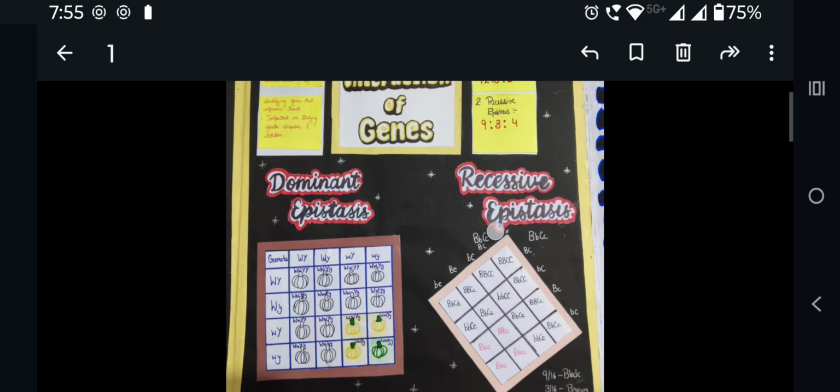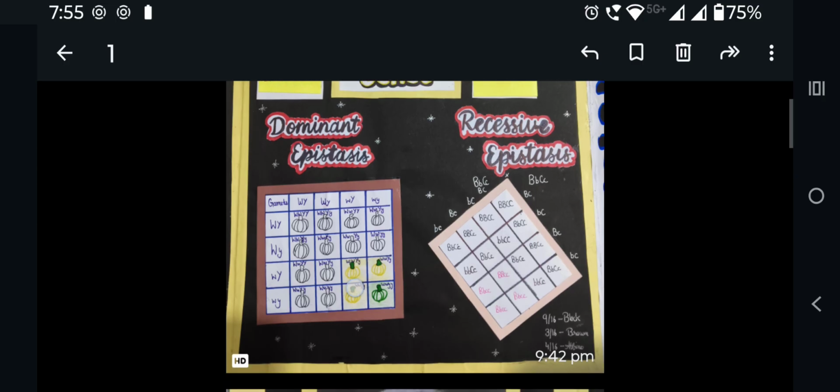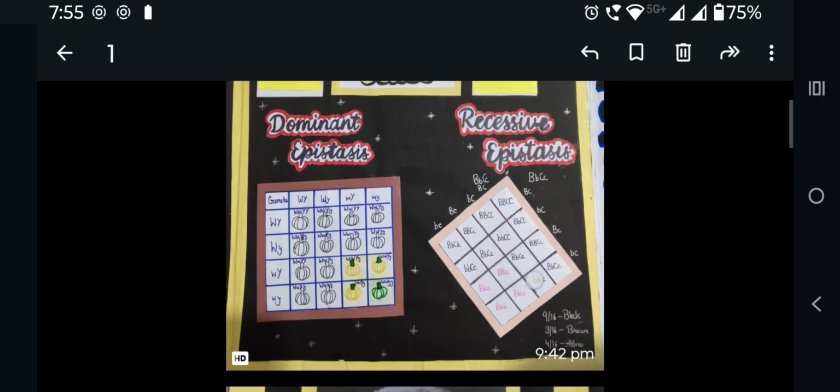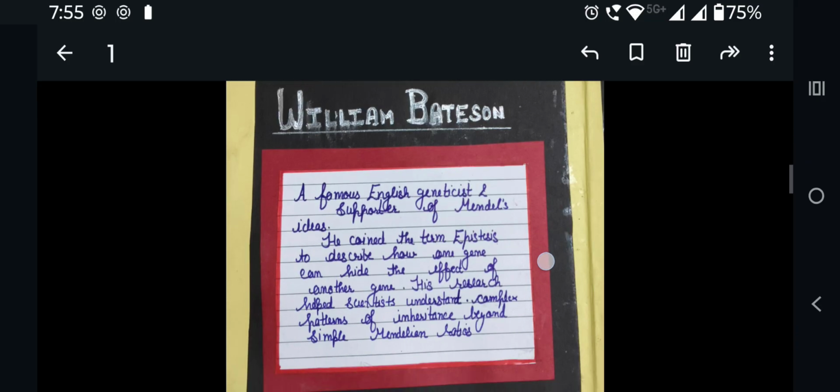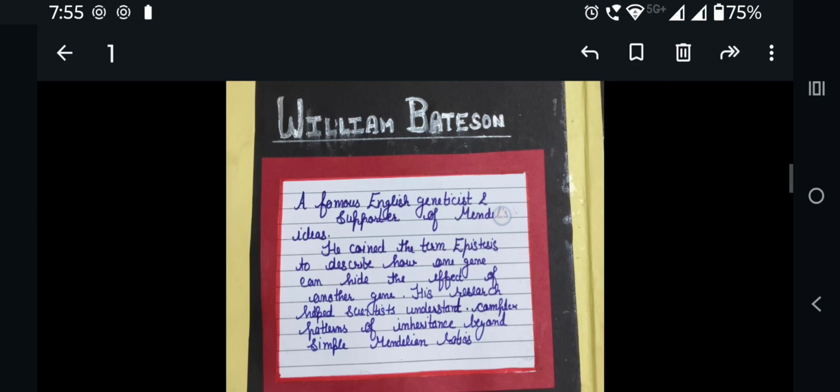Here two examples are given. The first example is of cucurbits and the second example is of mice. After Mendel, William Bateson gave the term epistasis. Epistasis means how one gene can hide the effect of another gene at another locus.